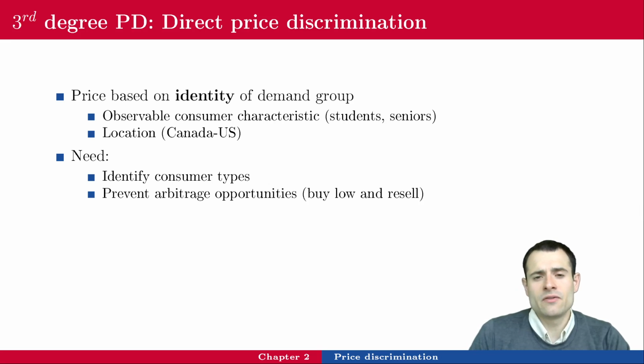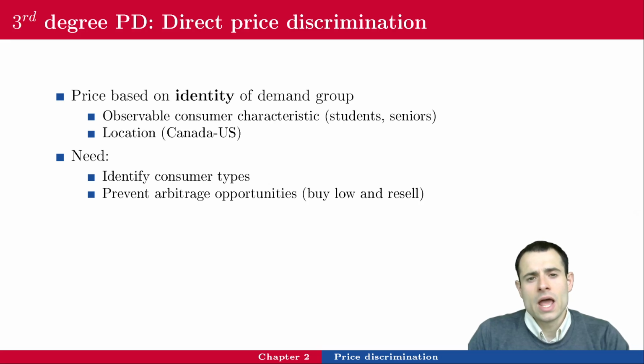If students benefit from a discount, they might buy the good at a discounted price and leave the store and resell it to other customers which are not students, and that would have to pay a higher price if they buy from the store.